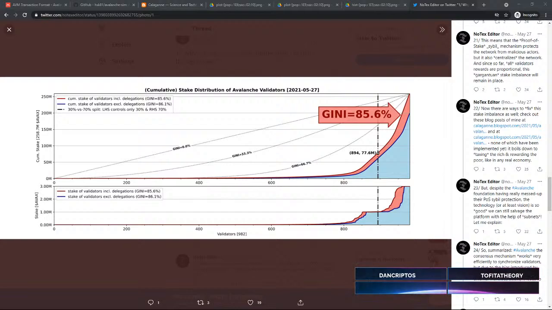One is you want to have a lot of money securing the network stake. So I call this TVL, total value locked. You want to have a lot of validators, more validators, the better, and you want to have a reduced influence of the bigger fish, right, and that's what Gini is counting.